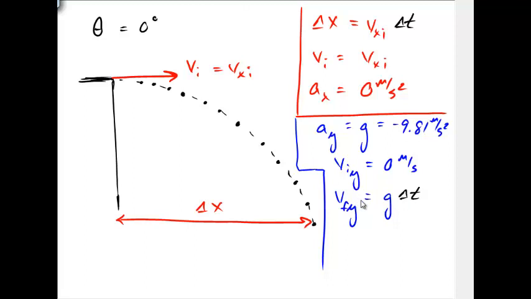This is just a variation of an equation we saw in Chapter 1, where the final velocity was equal to the initial velocity plus acceleration times time. Well, initial velocity is 0. Gravity is our acceleration.